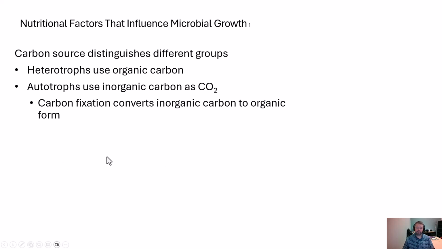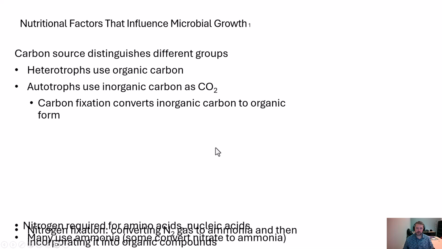Those are the two big groups, heterotrophs and autotrophs. When we talk about humans, we call humans heterotrophs. Most plants, the majority of them, 99% or so, are autotrophs. There are a few that aren't.